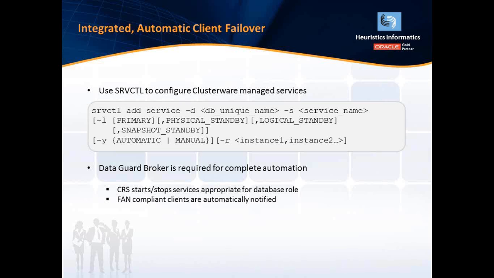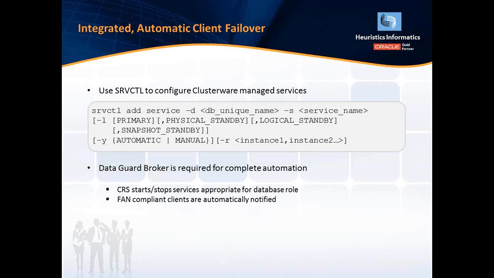All right, so how do we configure Data Guard for automatic client failover? Using the server control features of the clusterware, we can set up the standby database or the standby site as a physical or a snapshot standby, depending on what we choose it to be.